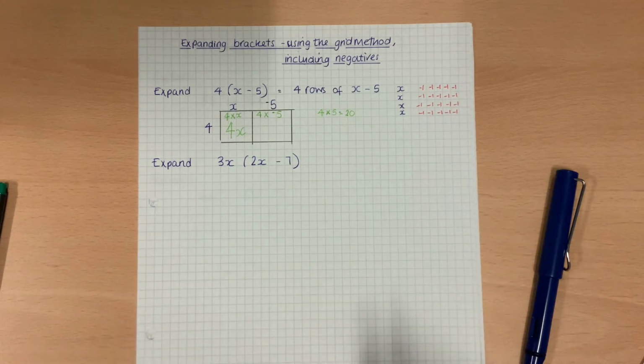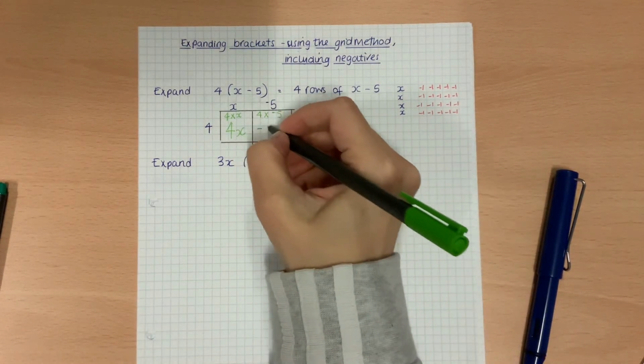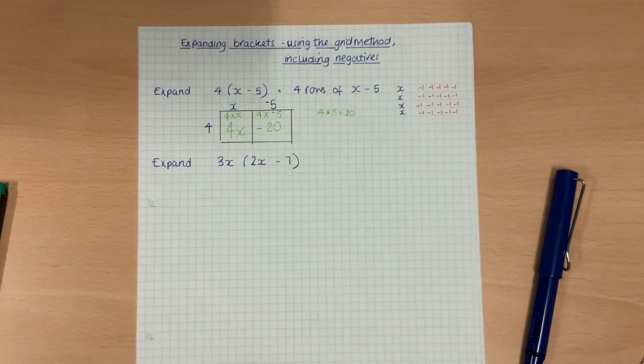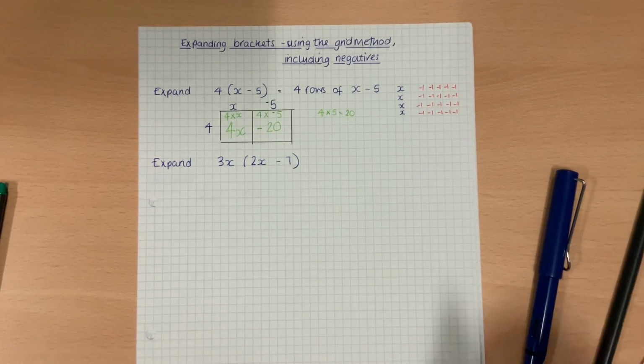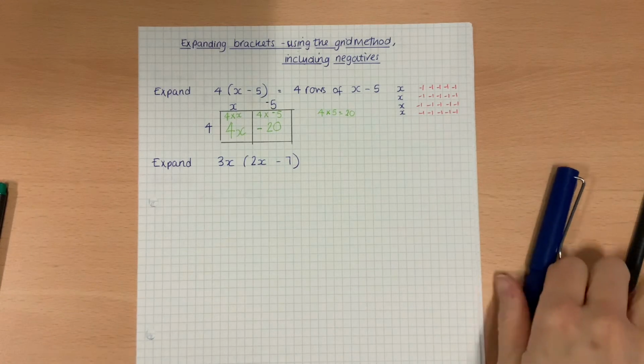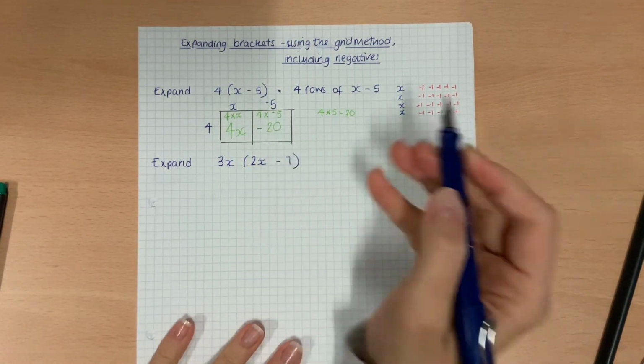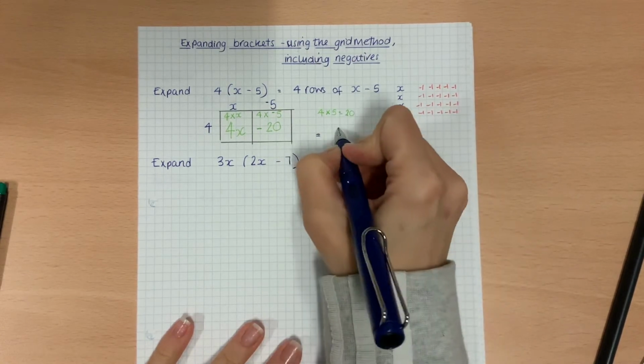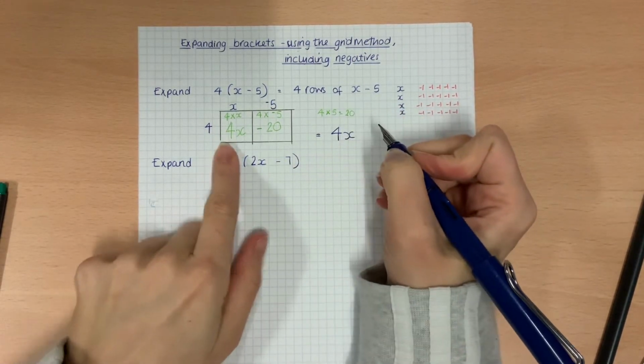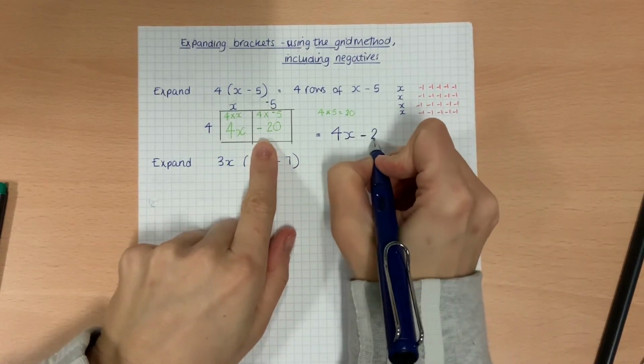So it flipped, and it became negative 20. Remember, if there were 2 negatives, it would flip back to being a positive, but we're not going to have that in the questions today. So we've got negative 20 here, so our final answer is 4x, and this time take away 20.